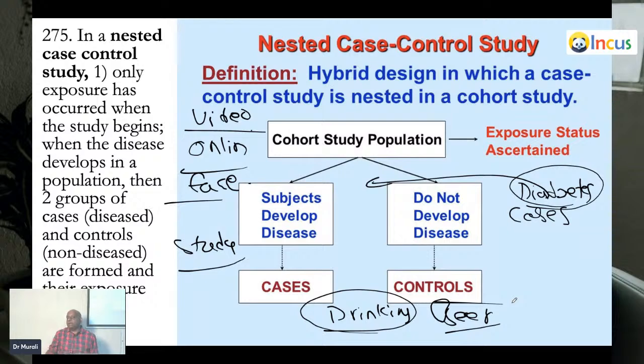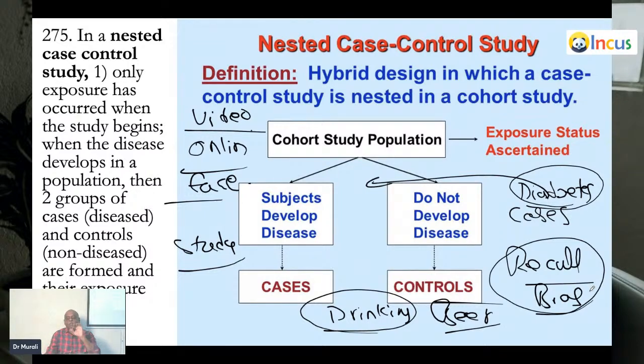So you are asking diabetic cases, sir, in 2014 did you drink beer? A beer drinker forgets what he drank in the morning itself. How will he remember what he drank, how many times he drank, with whom he drank, whether he drank beer or coconut water? What will he remember from 2014 or 10 years ago? So that is the reason recall bias will occur in case control trials.